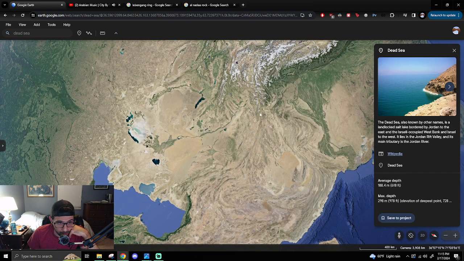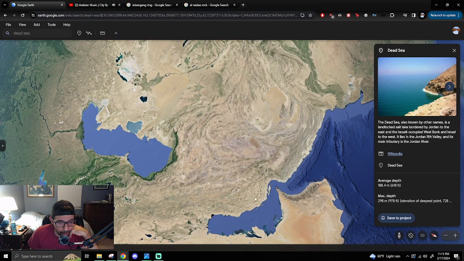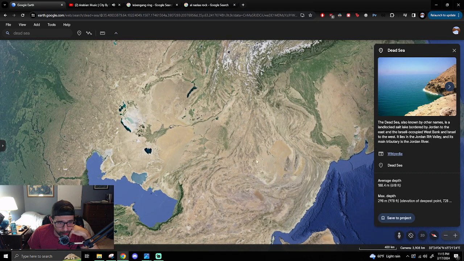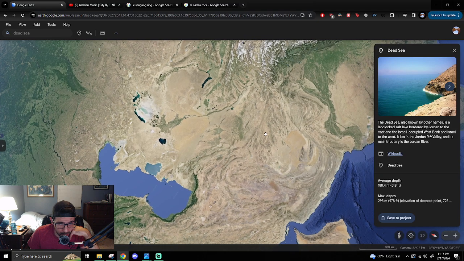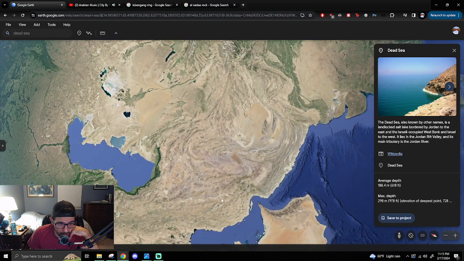Like this current, I guess, running into each other, forming some kind of eddy that then deflected this current around the eddy. Maybe.